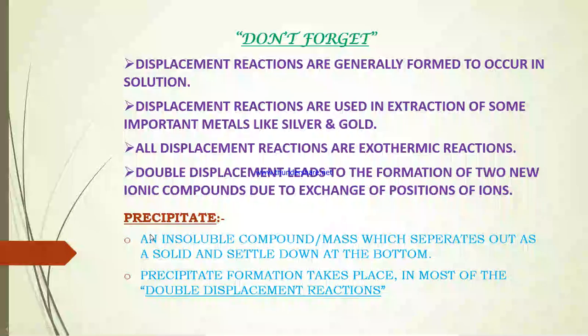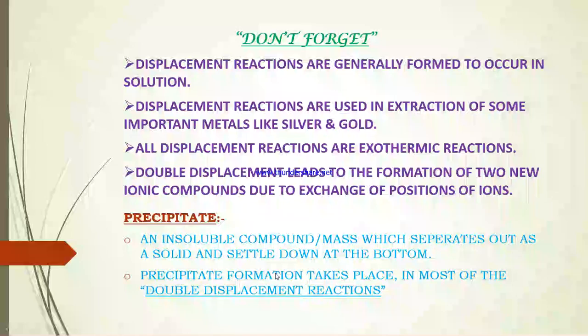Now, we also know about an important term, that is precipitate, which defines precipitation reaction. What is actually a precipitate? It is an insoluble compound or mass which separates out as a solid and settles down at the bottom.